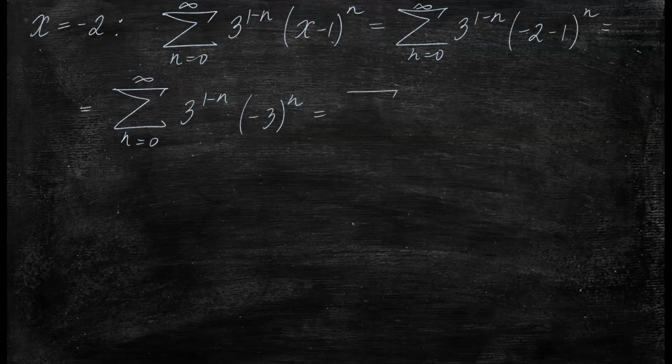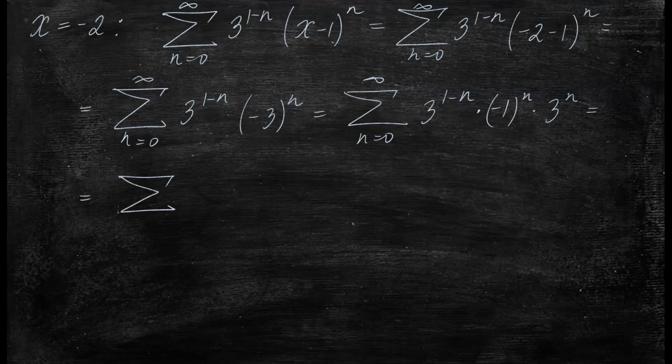So we should be able to identify whether it converges or diverges. And if we do it carefully here, we would factor out -1. We would split this -3 to the power n as -1 to the power n times 3 to the power n, and we would recognize this as an alternating series test. Alternating series, to which we would be more than happy to apply the alternating series test.